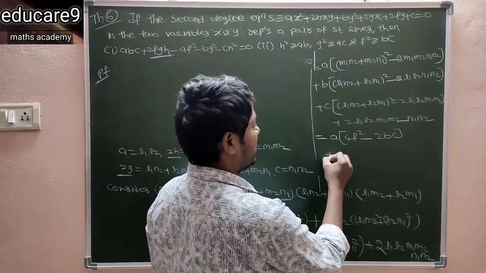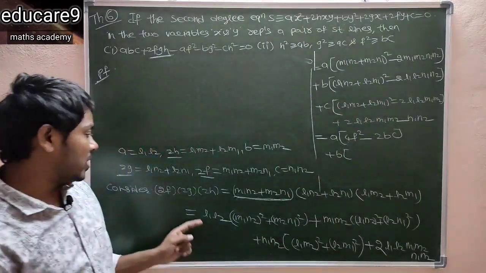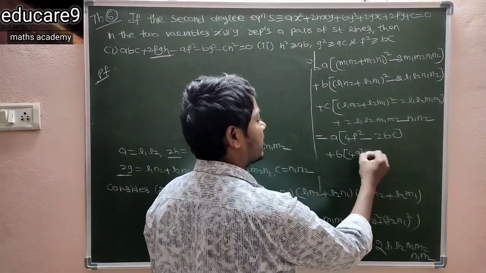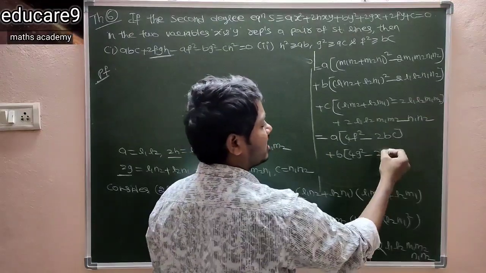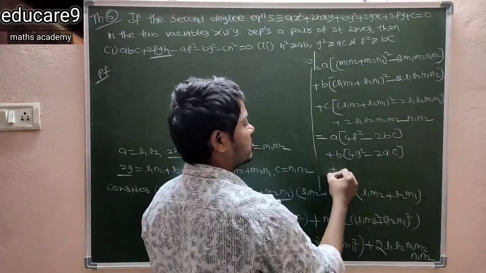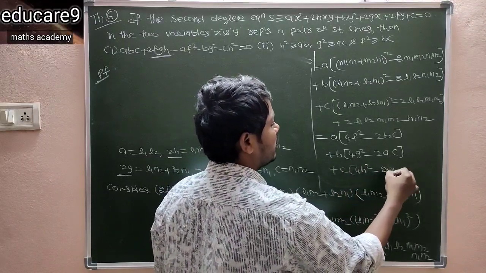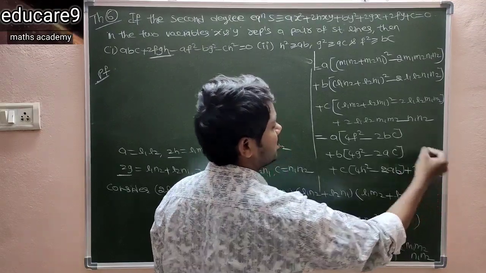Next one, plus b into L1 n2 plus L2 n1. What is the 2g whole square? You will get 4g square minus 2 L1 L2 n1 n2, that is 2ac. So next one similarly, c into 4h square minus 2ab plus 2abc.